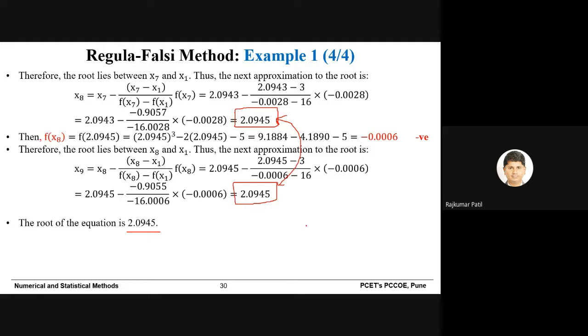One more question you may ask: here we went up to the ninth iteration, so it may take more time when you solve the problem in the examinations. In that case, during the syllabus discussion at the university, it was decided that you are expected to calculate the root up to 4 steps. That is, you can move up to x4, that is 4 iterations you need to calculate.